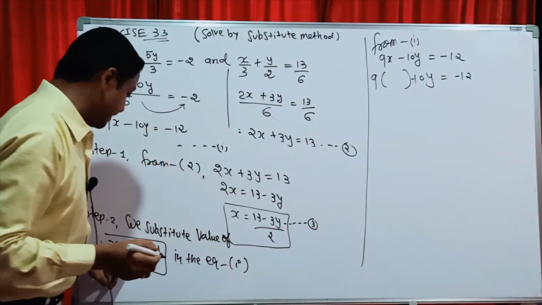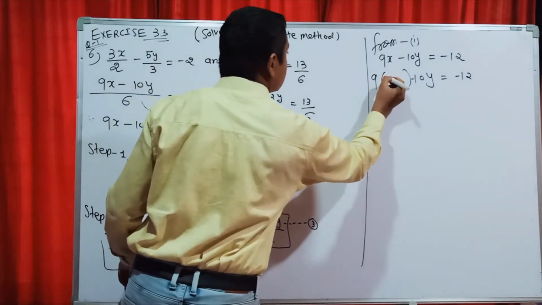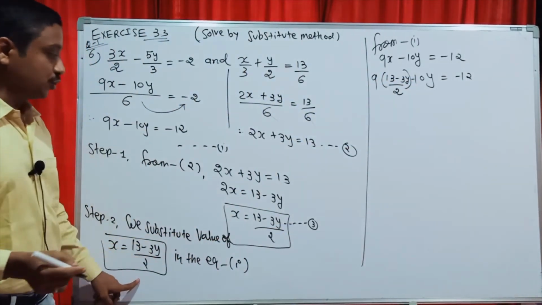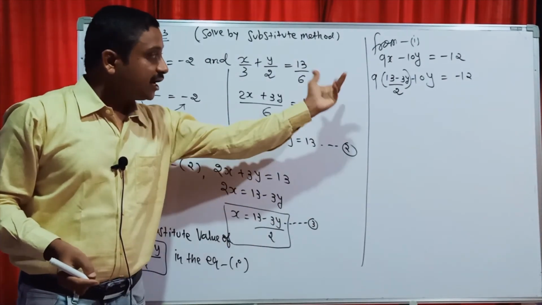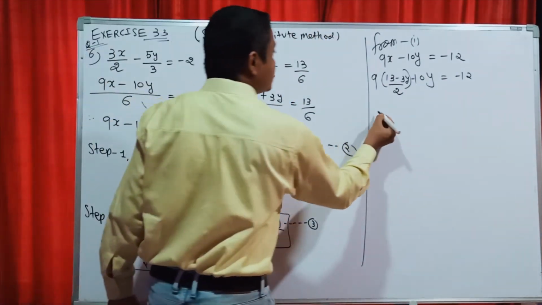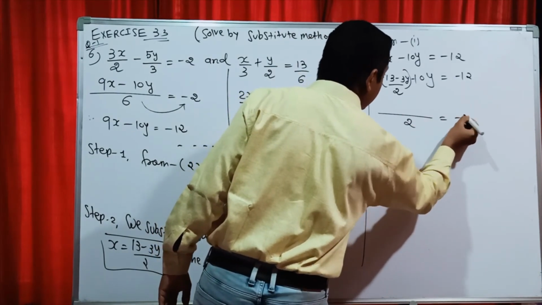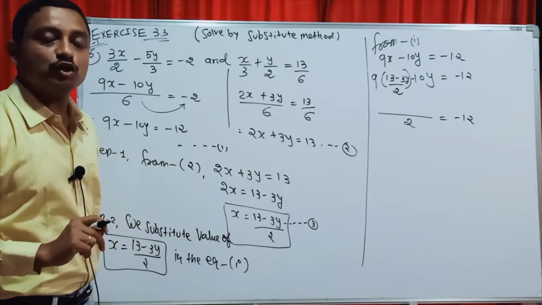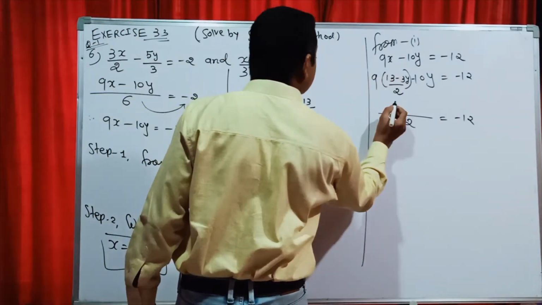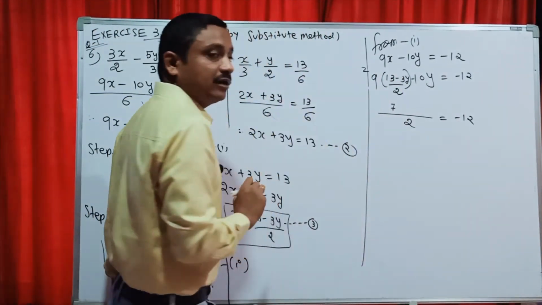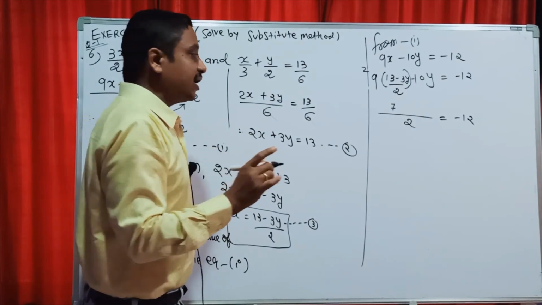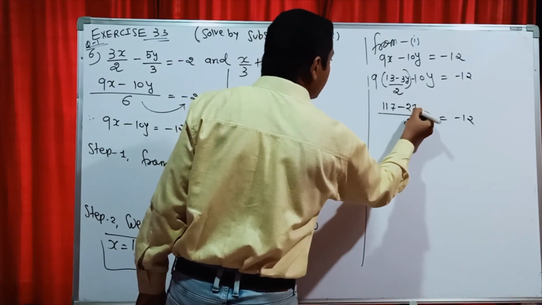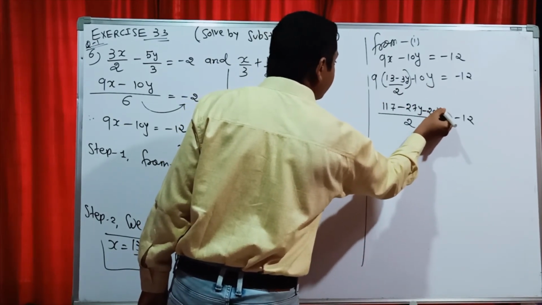Yes, this value, students, I apply for x: 13 minus 3y by 2, because I divided by 2 and take out the LCM here. So this LCM is 2 in total, here minus 12, and here apply 13 into 9. So 9 3s are 27, 2 carry, 9 1s are 9, 11, 117, minus 9 3s are 27y, and 10 2s are 20y.